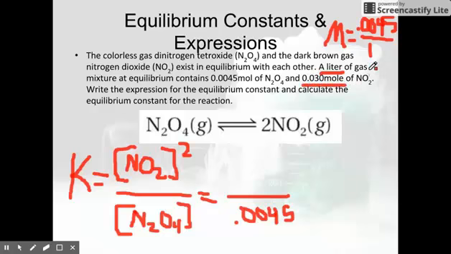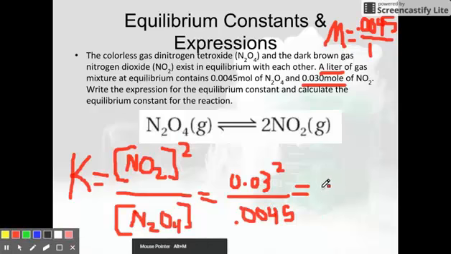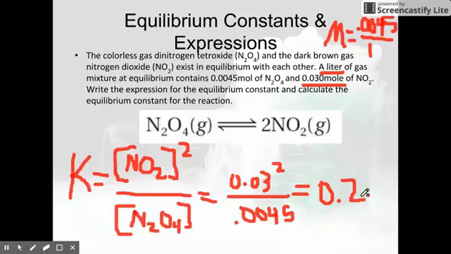And our moles, again, we're dividing it just by 1, so to get our molarity, it's the same, 0.03, and we need to square that. We get a value of 0.2 for K. Now let's say instead of a 1 liter solution, this was a 4 liter solution. So you would have to divide by 4 to get your molarity first before you can calculate.